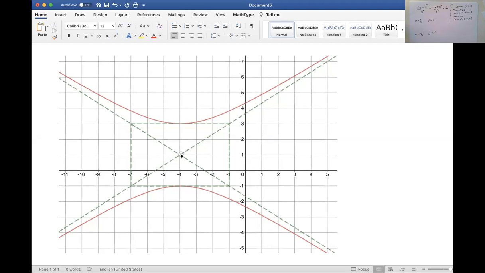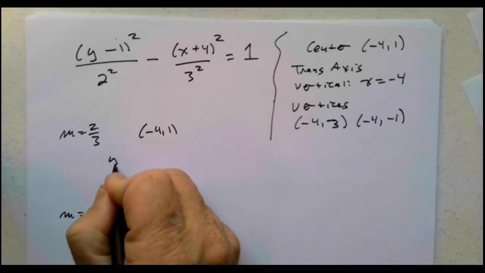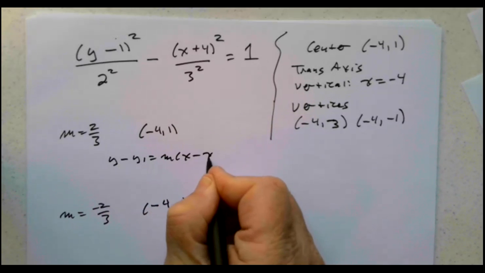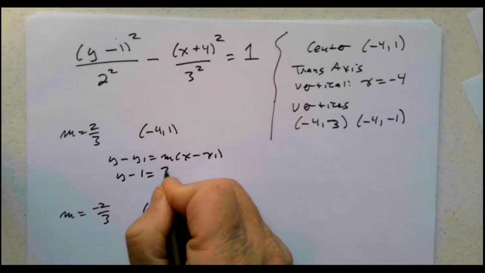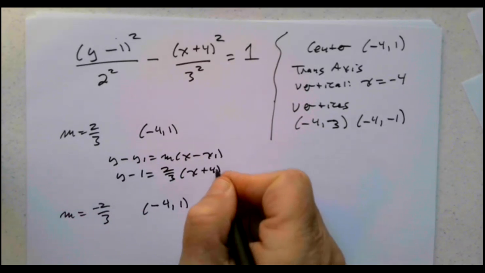So if I want the equation of my asymptotes, I can go ahead and use point slope form. Y minus y1 equals m times x minus x1. So that would be y minus 1 equals 2/3 times x minus -4, x plus 4.